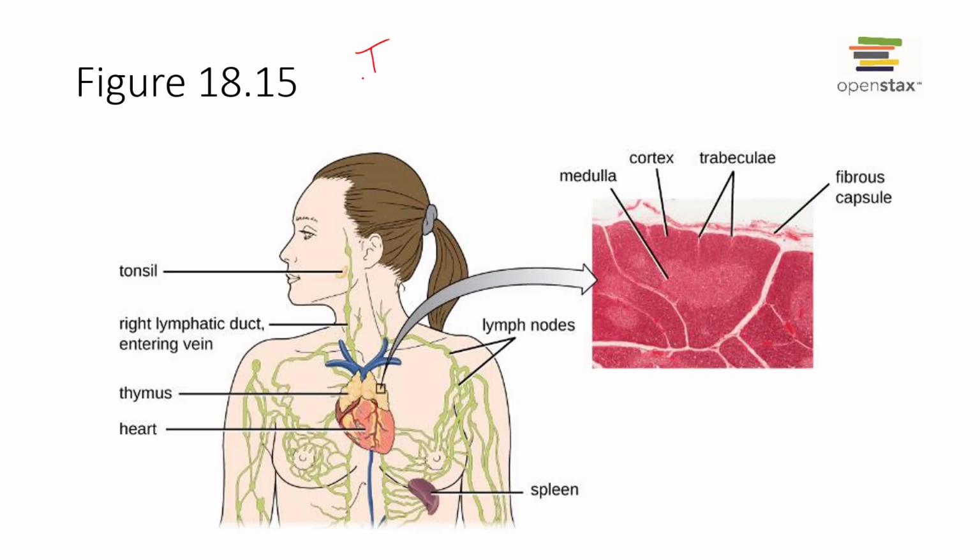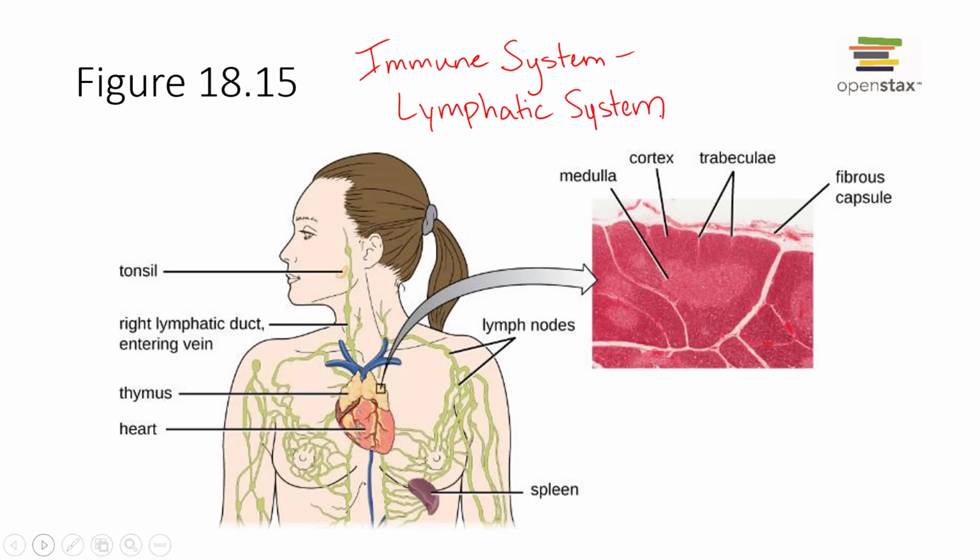When we talk about the immune system, a lot of times it's actually referred to as the lymphatic system. The organs that make up the immune system make up our lymphatic system.